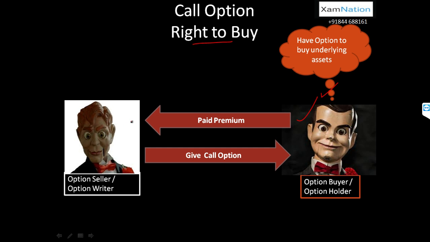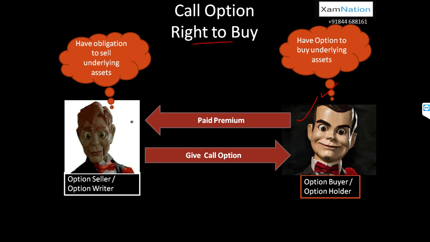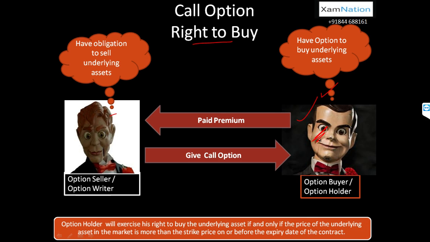And this person has the obligation to sell the underlying asset. Then this person has to sell his underlying asset. Now when will this option buyer exercise his right to buy the underlying asset? If and only if the price of the underlying asset in the market is more than the strike price. Are you getting this point?